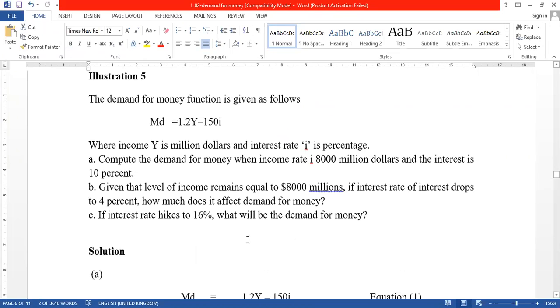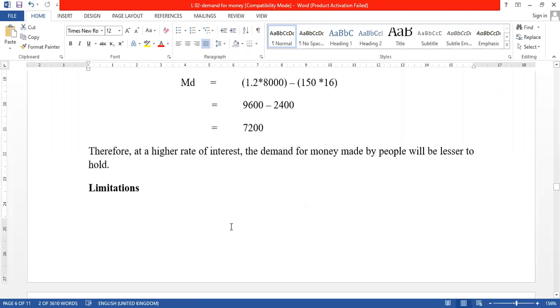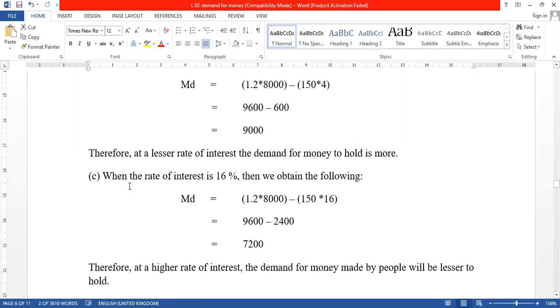Good, we tackle part C. If the interest rate hikes or rises to 16%, what will be the demand for money? Again, we substitute where we have I, we put 16. We should be able to get 7,200. Can you confirm if you're getting 7,200?